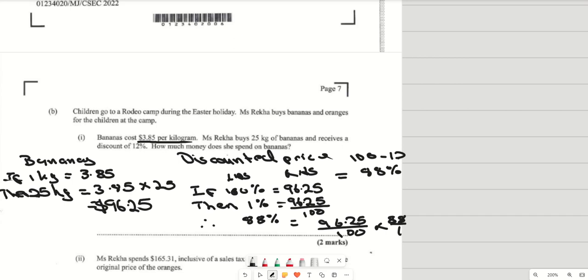Right, you use a calculator. Divide this by 100 multiplied by 88. You are going to get an answer of $84.70, and that would be the answer for this question. How much money does she spend on bananas? $84.70.